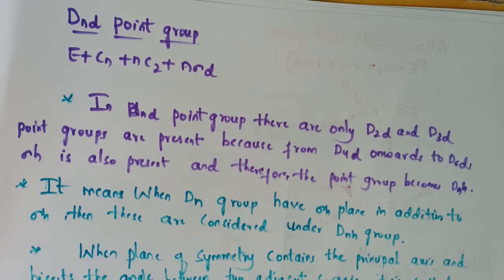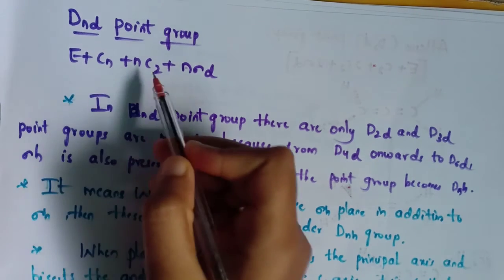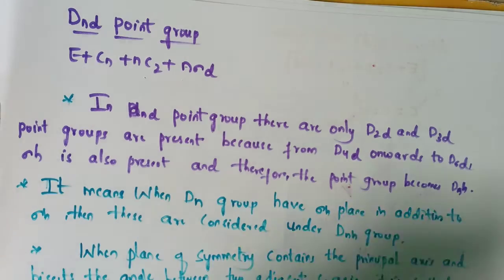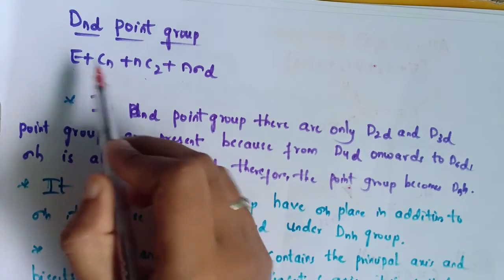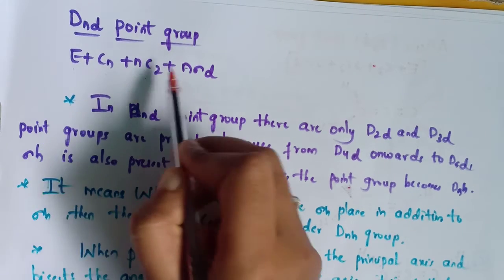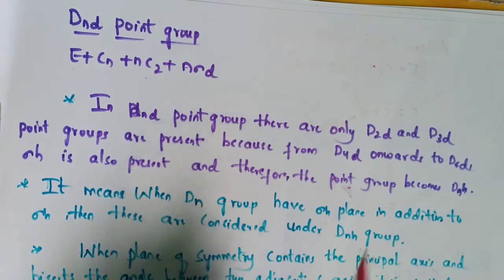Now coming to the DND point group, it has the symmetry elements E plus Cn plus nC2 plus n sigma D. That is, the identity element, the n-fold axis of symmetry Cn, nC2 plus n sigma D are present in the DND point group.